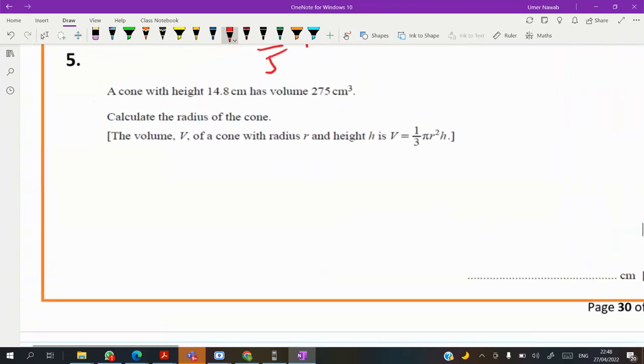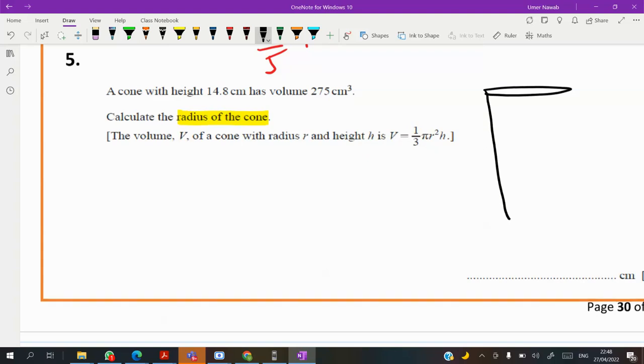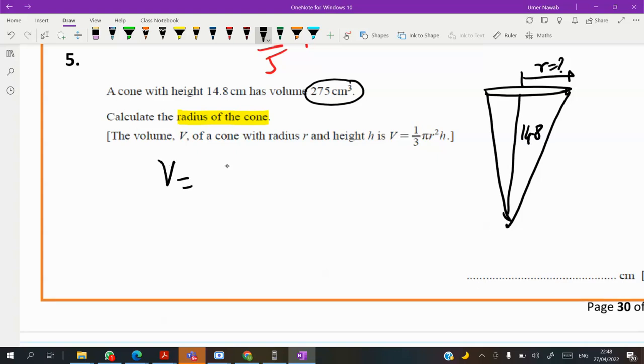Now let's move on to the next. He's talking about a cone. The radius of the cone is to be found. So this is your cone. Radius is required. Volume is given. Height is also given, 14.8. The formula for the volume of a cone is 1 over 3 pi r squared h.